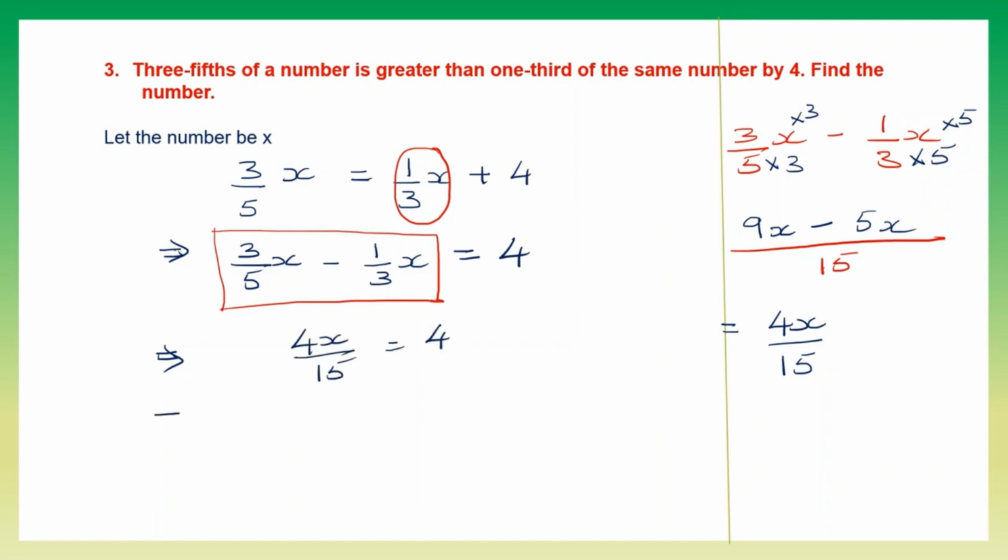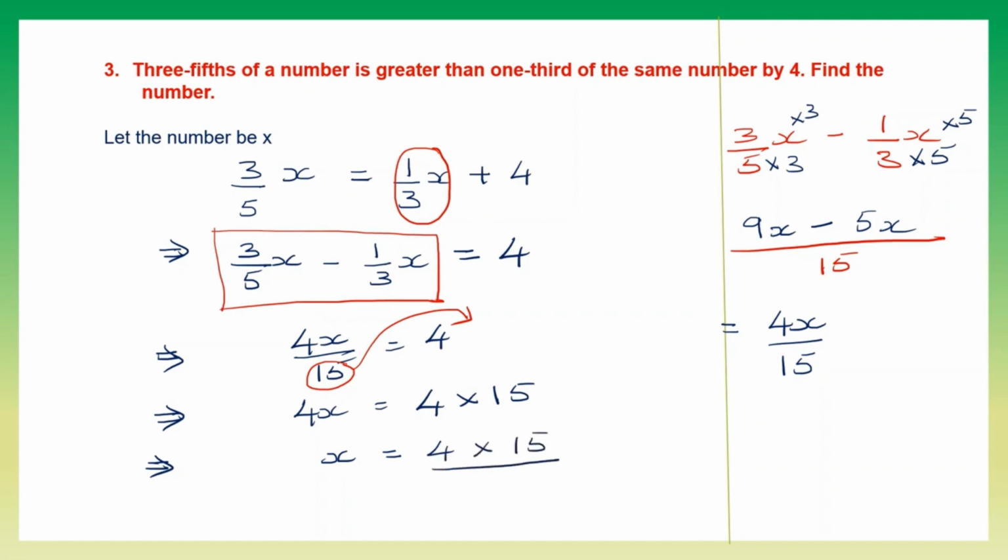So now to find the value of 4x, we will say 4 into 15, because I have transposed this 15 from here to the right hand side. So division has now become multiplication. I'm going to continue like this. 4x means 4 into x. So I leave x here. On the right hand side, I already have 4 into 15.